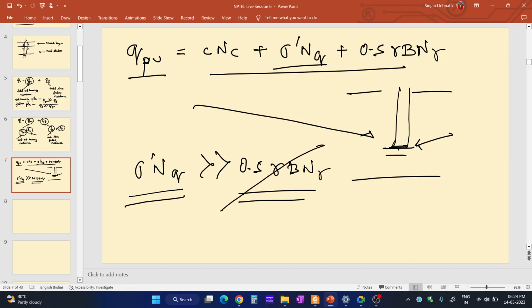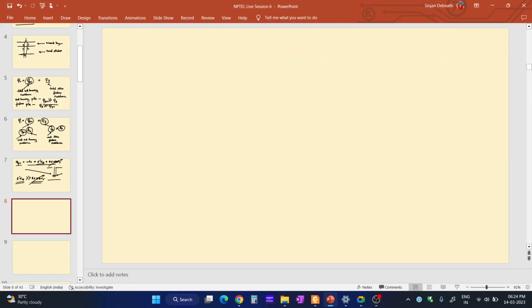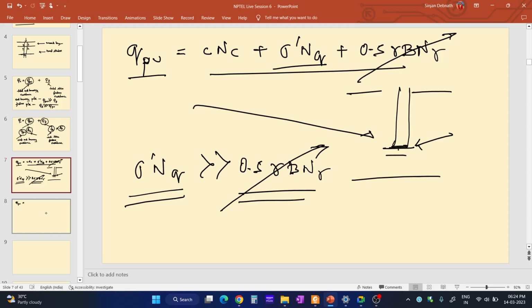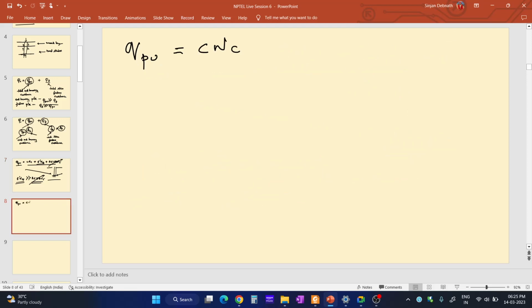So we can ignore the third term, since it will be very small. So the bearing capacity equation for a pile we can write as c Nc plus sigma dash Nq.